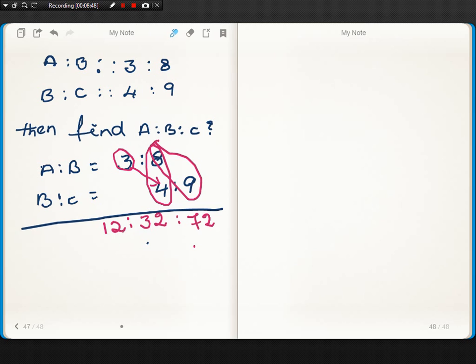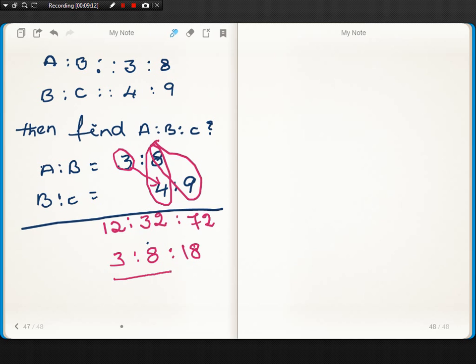If any common factor is available, that can be applied. Cancellation can be done. For this we can choose 4. 3 times, 8 times, and 18 times. So 3 is to 8 is to 18.